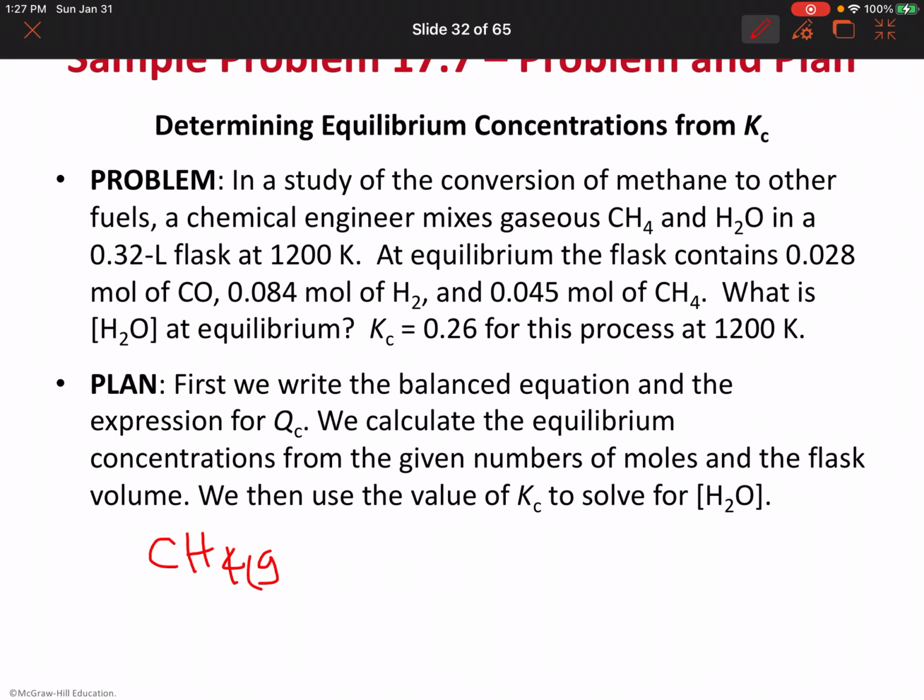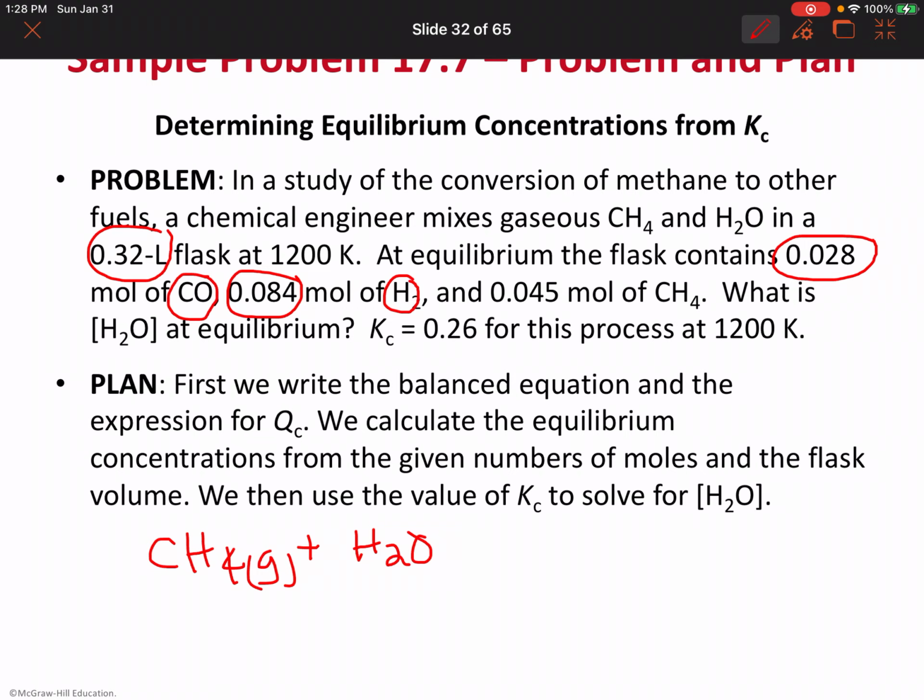CH4 gaseous plus water, in a 0.32 liter flask, volume of the flask is given, at 1200 Kelvin. At equilibrium, the flask contains 0.028 moles of carbon monoxide, 0.084 moles of hydrogen.